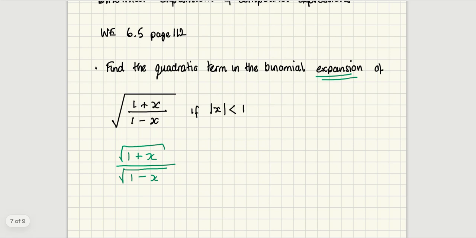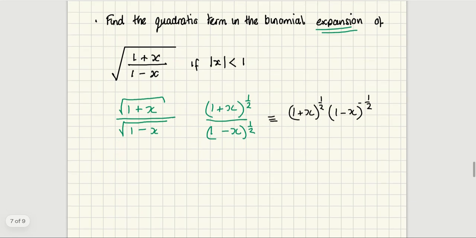And then this becomes 1 plus x to the power of a half over 1 minus x to the power of a half. But then that becomes 1 plus x to the power of a half times 1 minus x to the power of negative a half. Okay, so what do we now do at this stage?